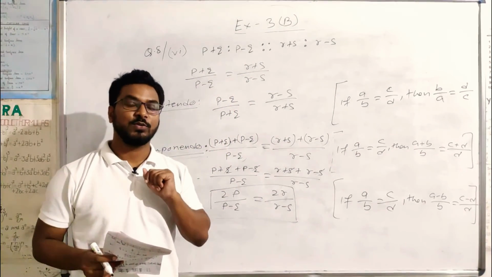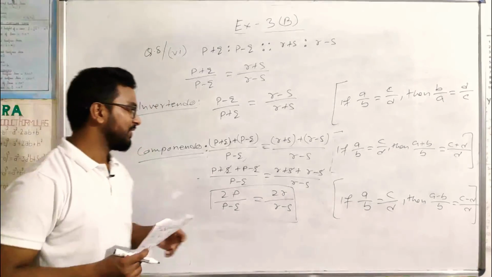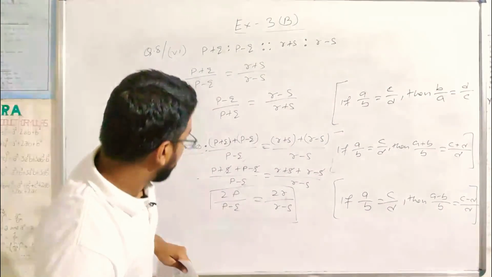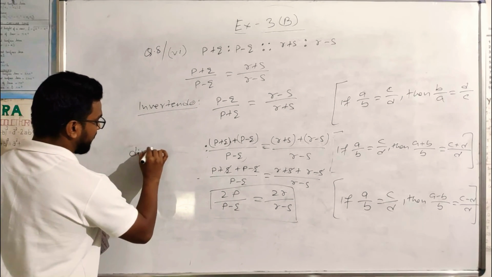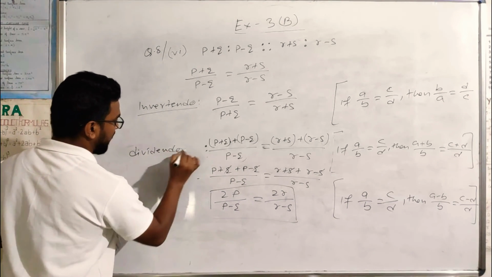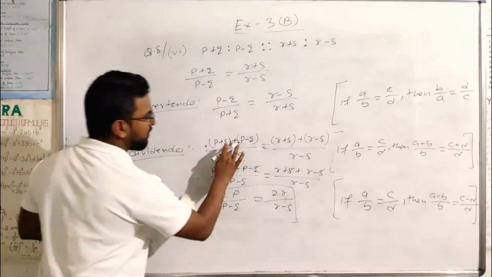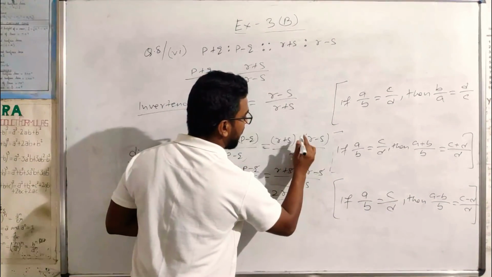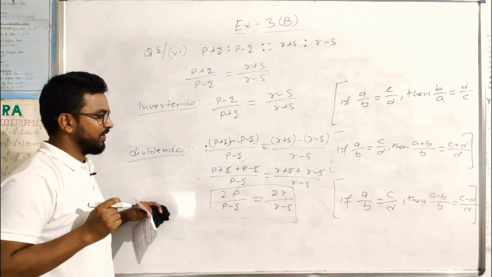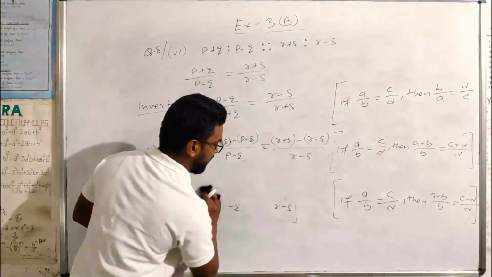Okay, the last one we'll do is dividendo. I'll just change this name to dividendo. The only difference is you have to change the minus sign here. The rest will be the same. So in this case, what will happen?